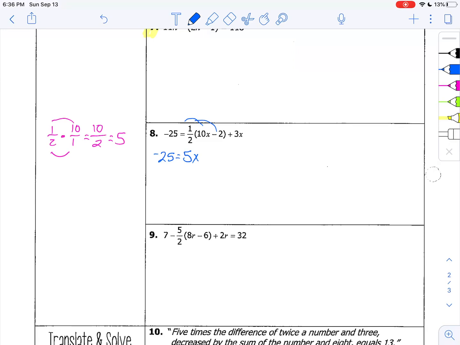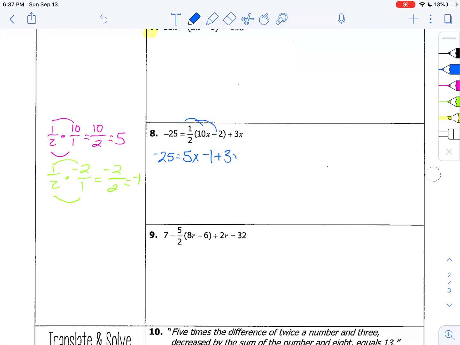Then 1/2 times negative 2. So again, I'm going to show you that math over here to the side. 1/2 times negative 2 over 1. 1 times negative 2 is negative 2. 2 times 1 is 2. Negative 2 divided by 2 equals negative 1. So when we multiply 1/2 times negative 2, we get negative 1.